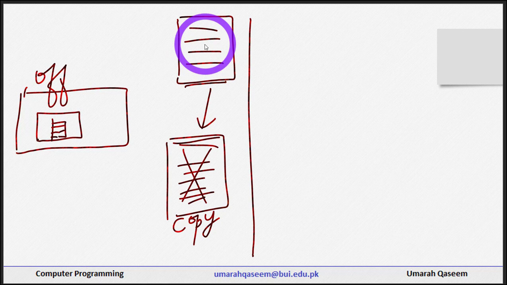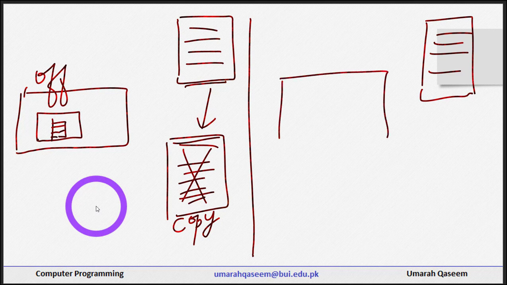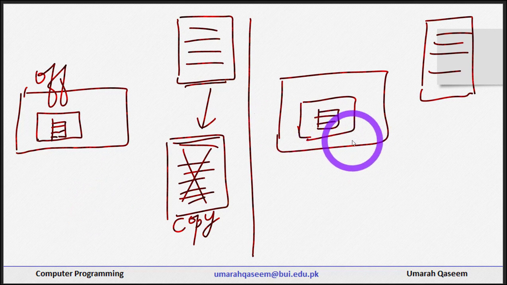Okay, now let's consider the same scenario again in a bit different way. These are the notes of your professor, and they are present in his office on his table. In the second scenario, the professor wants to give you the notes, and what he does is he tells you the original location of these notes.